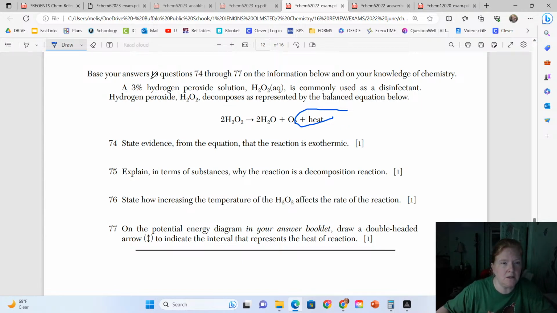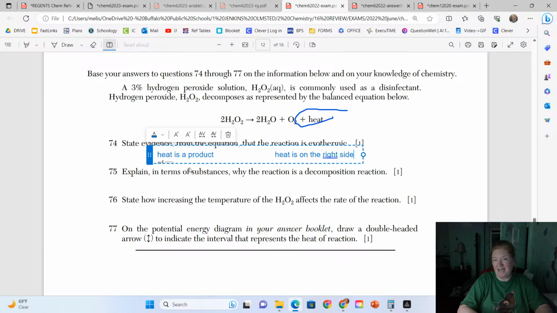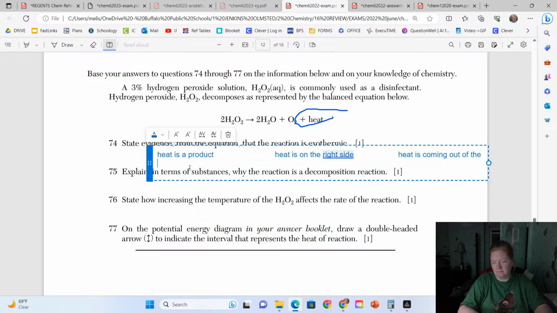So I would say for 74, heat is a product, or heat is on the right side, or heat is coming out of the reaction. Something like that. Why can't you just say products?